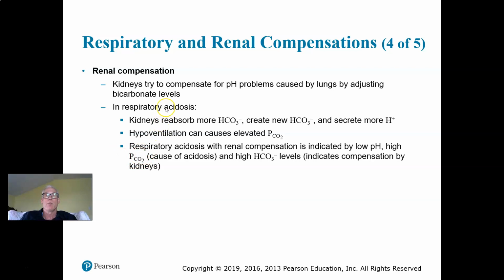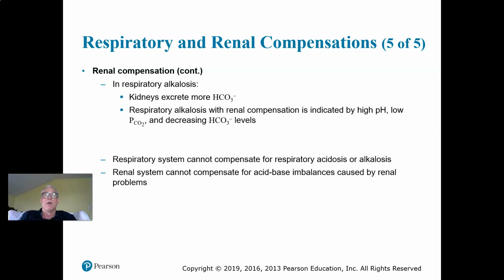That's the definition of a respiratory acidosis. We have too much CO2 in the blood, and so that's going to drive the reactions to the right, producing the extra hydrogen ions. So in this case, we have an acidic blood pH and a high PCO2 instead of a low PCO2, and also there will be high levels of bicarbonate ion. So you can see that the PCO2 is going in the opposite direction with a respiratory acidosis as compared to a metabolic acidosis.